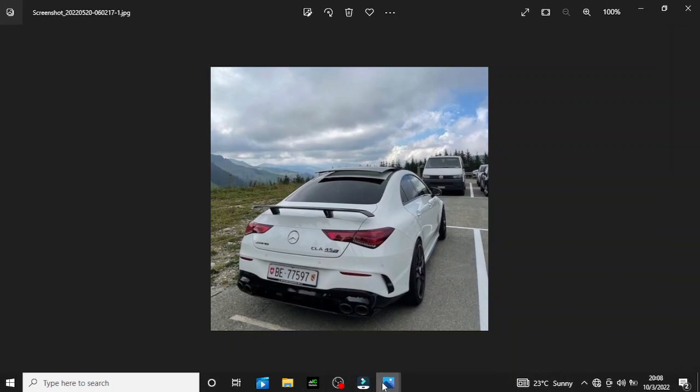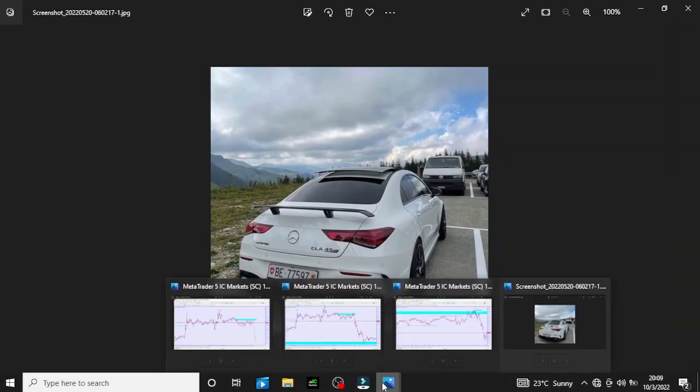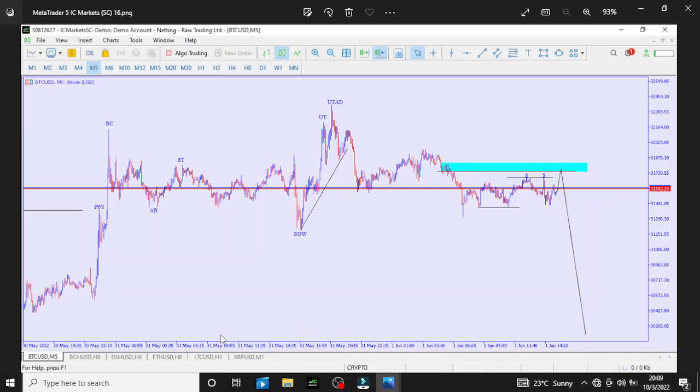So guys, let me show you a screenshot for this trade. This one, a redistribution, rather distribution. Sorry. At the time of this trade, I wasn't aware of time and price, so I just saw a nice price action and did an analysis.